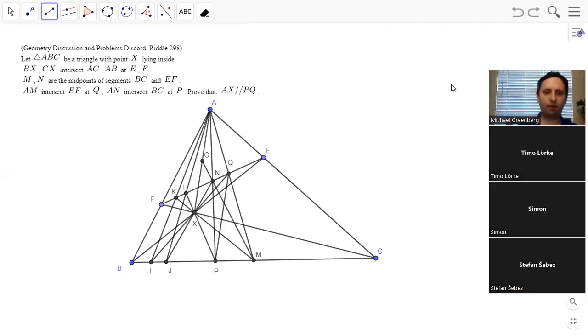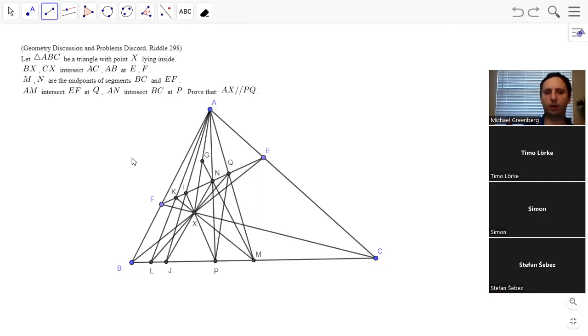Originally, did you say that proving AX is parallel to PQ is equivalent to showing G, I, and L are collinear? Yes, it is equivalent, and I just solved the problem.